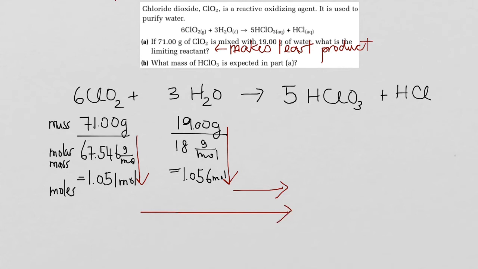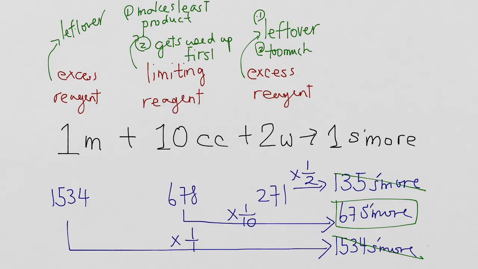So we're taking a look at each ingredient or each reactant and how much product each of them allows us to make. Just like how in this question we looked at each of these reactants and how much product each of them allows us to make, and then we chose the least one.